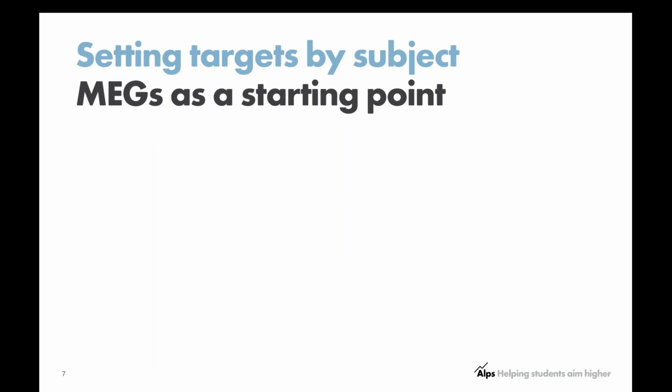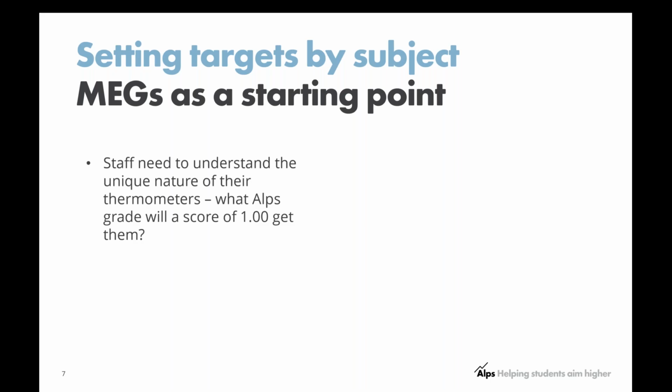Right then, so two keywords we used, average and minimum. What I'm going to take you through now is how you might then start to set some targets by subject. Now, staff need to understand their own thermometers. So if you've seen an Alps report before, then each subject thermometer has a unique set of values, which I will show you as I go through this little section.